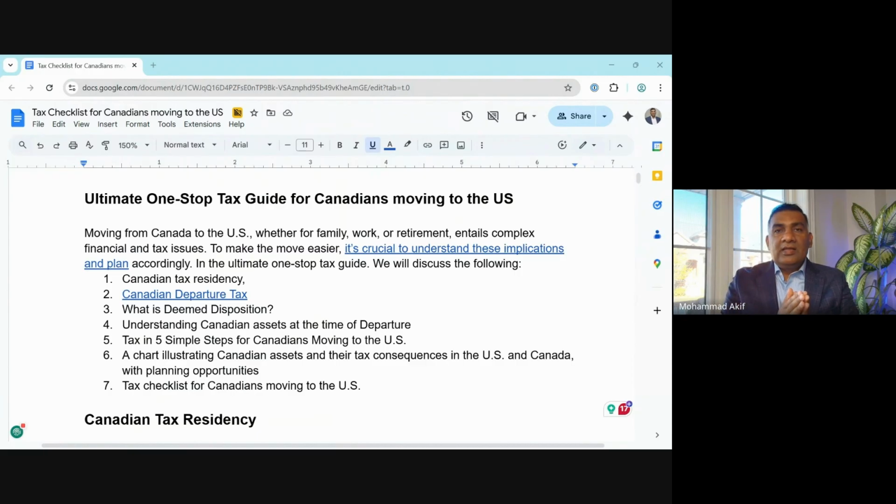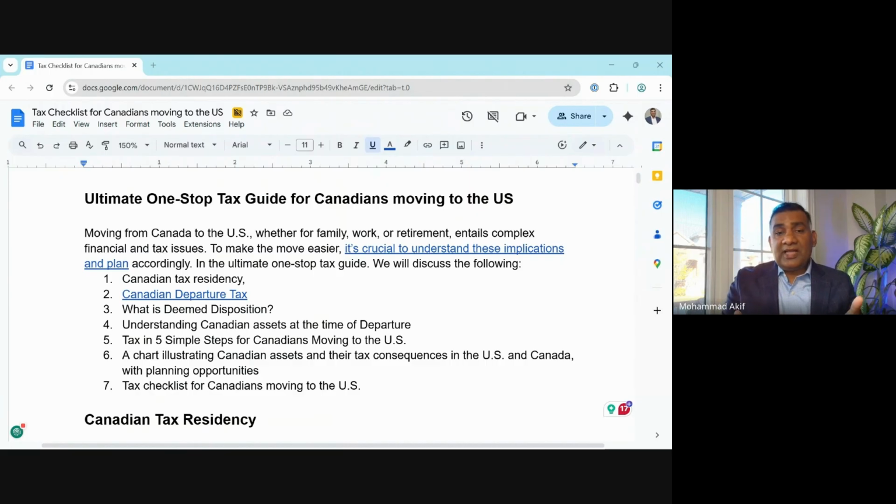And a lot of people move to states where there are no state taxes or low state taxes versus Canada or the province they're coming from. So we want to make sure that, whatever the purpose is, you are paying the minimum tax possible, right? We don't want the maximum tax, especially when you're moving to the US for work or business purposes. We want the minimum tax. And for that, you have to understand how things will work.